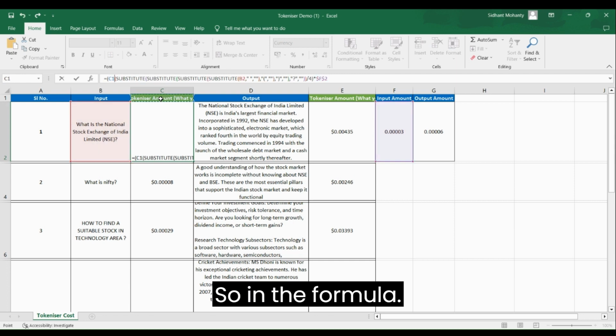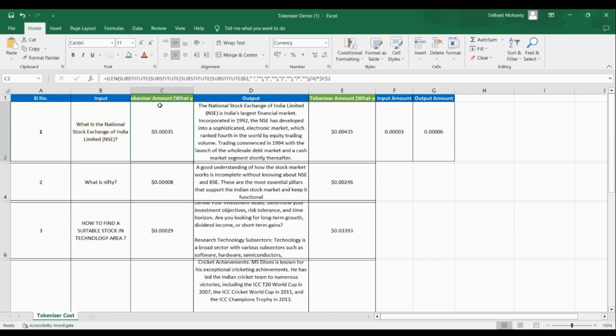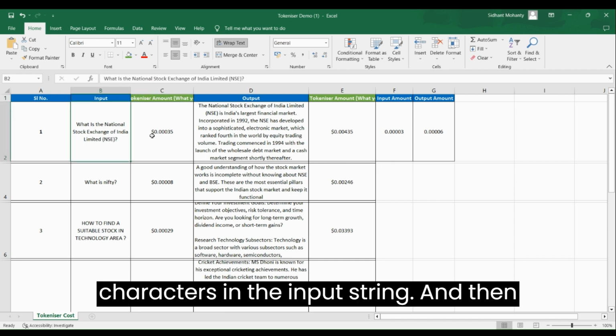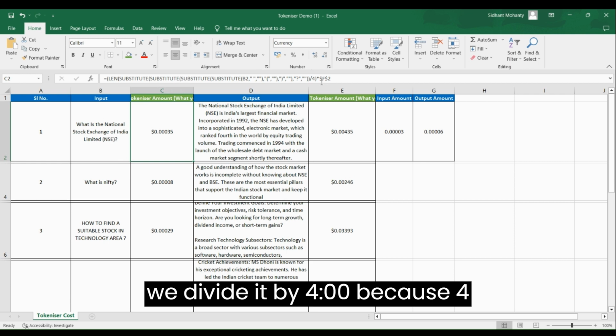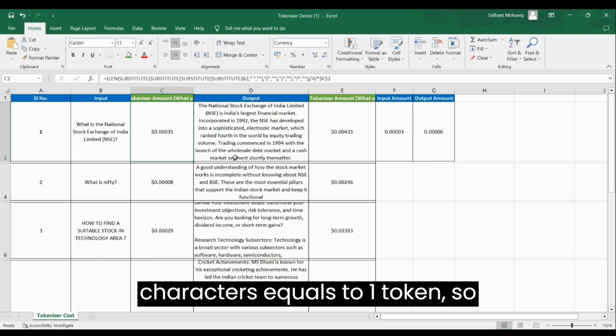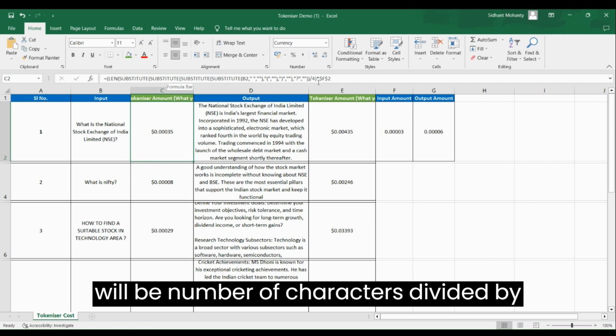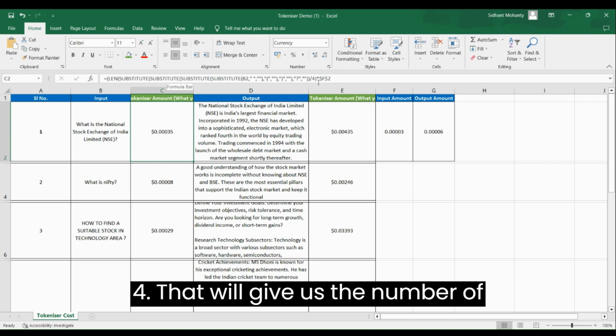So in the formula, we calculate the total number of characters in the input string, and then we divide it by 4, because 4 characters equals one token. So the number of characters divided by 4 will give us the number of tokens.